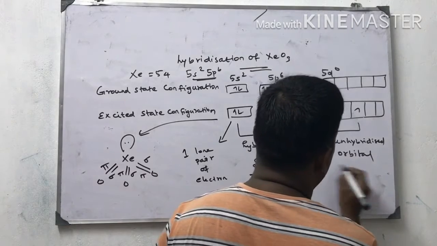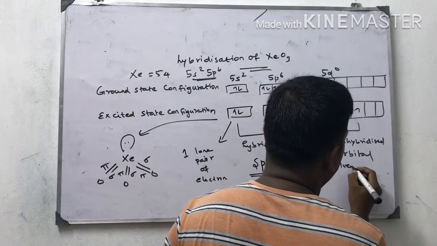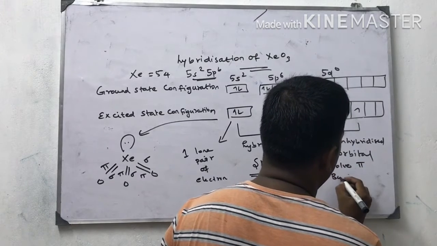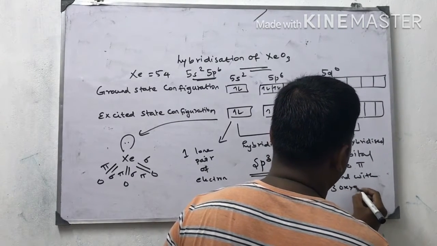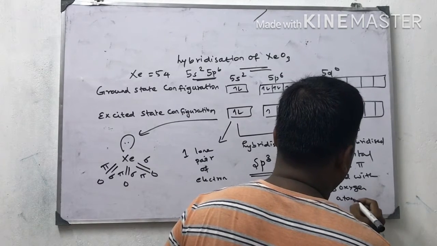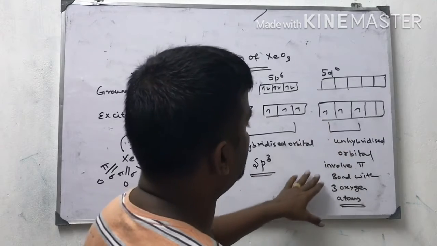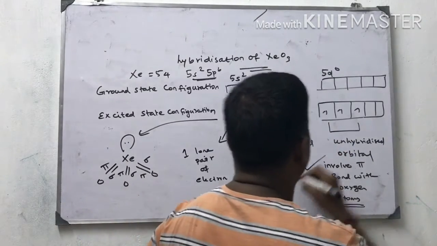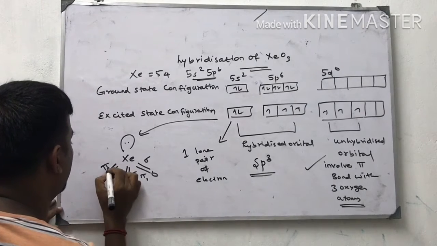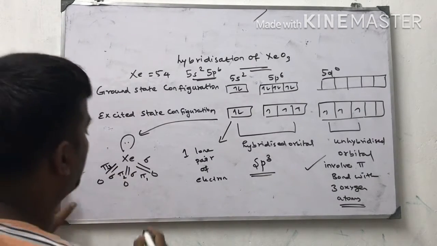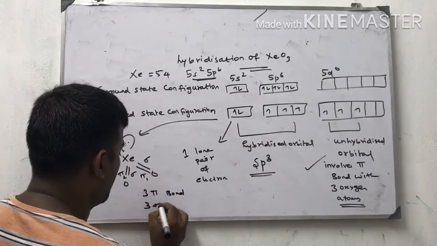These unhybridized orbitals are involved in pi bonds with 3 oxygen atoms. So what do we infer? These 3 excited electrons are involved in pi bonds with the 3 oxygen atoms: pi bond 1, pi bond 2, pi bond 3. So 3 pi bonds and 3 sigma bonds.